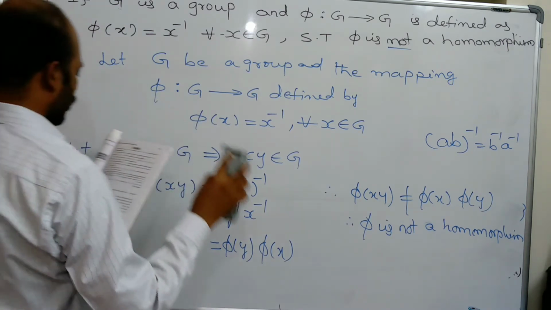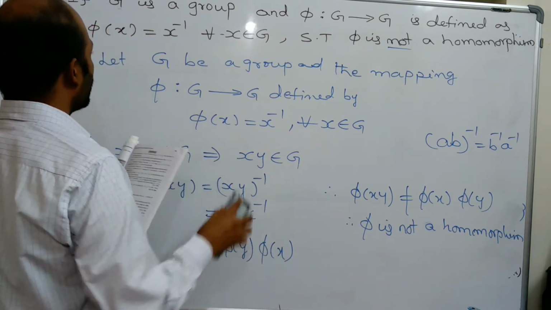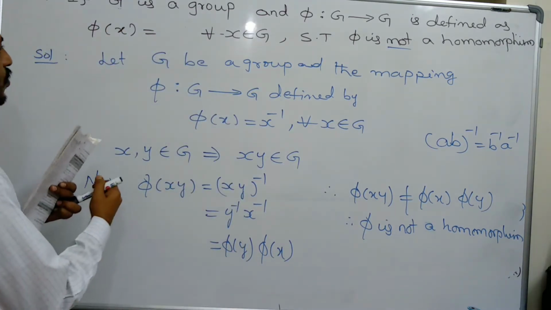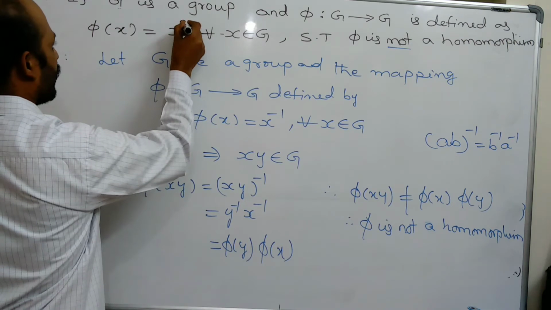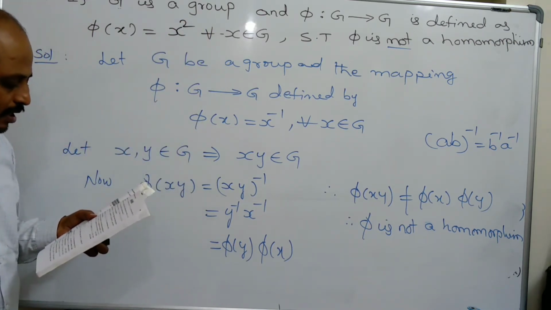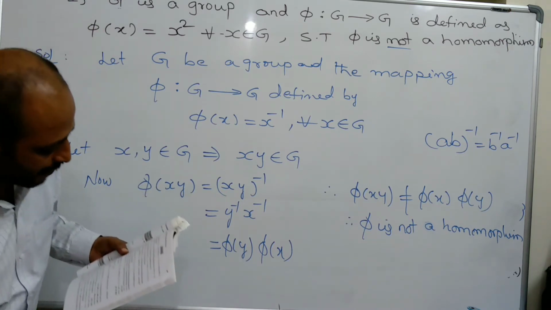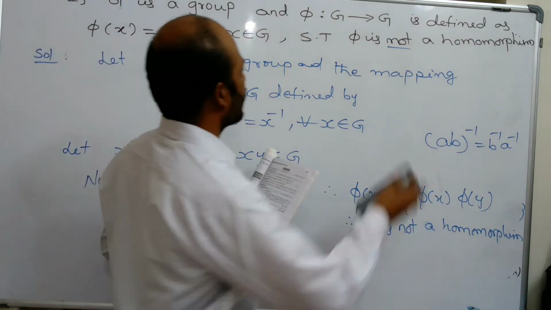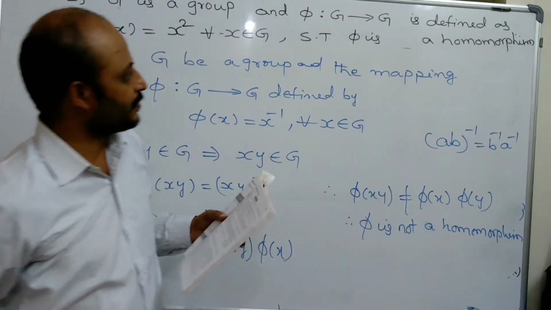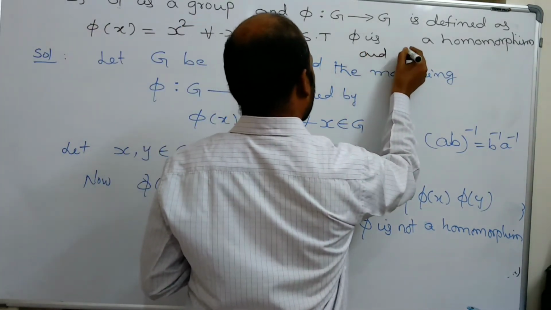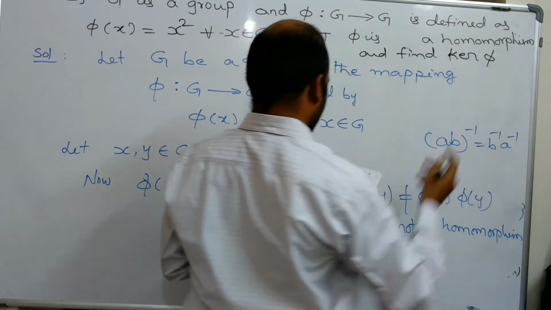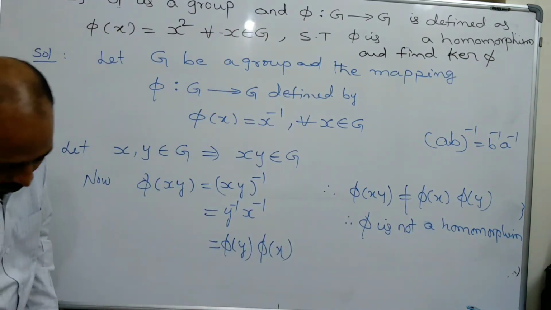Let capital G be a group and pi maps G into G defined by pi of x is equals to x square for all x belongs to capital G. Show that pi is a homomorphism, and also find the kernel of phi, the kernel of the mapping.